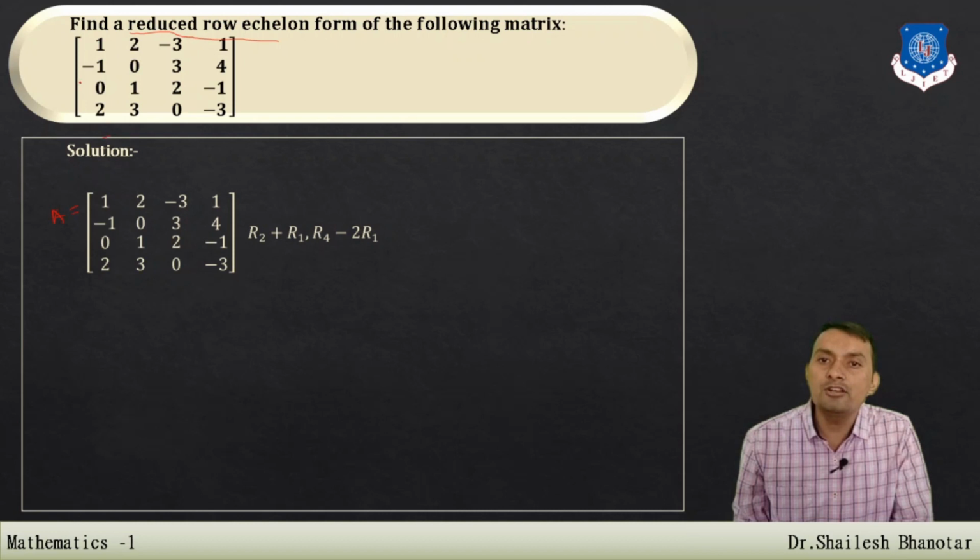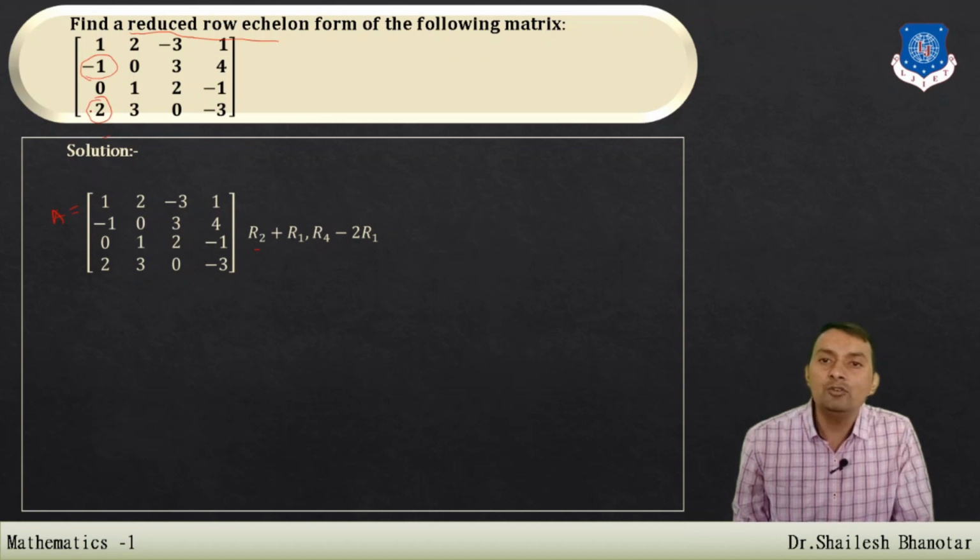and in that particular column I want to make the entries below it 0. This is 0, and again I have to make that one 0. So what operation am I going to consider? I want to make the second row 0, so I have to multiply the first row by 1 and add to the second row, R1 plus R2, and therefore this will be 0.